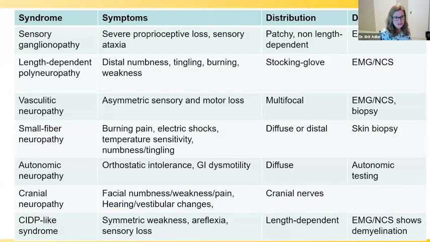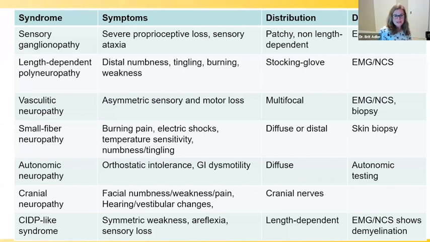I'm not going to go into too much detail because this is outside the scope of this talk, but this is a list of all of the different peripheral nervous system manifestations in Sjögren's and how they can present. A lot of them cause severe sensory symptoms: numbness, tingling, weakness, electric shocks, temperature sensitivity.